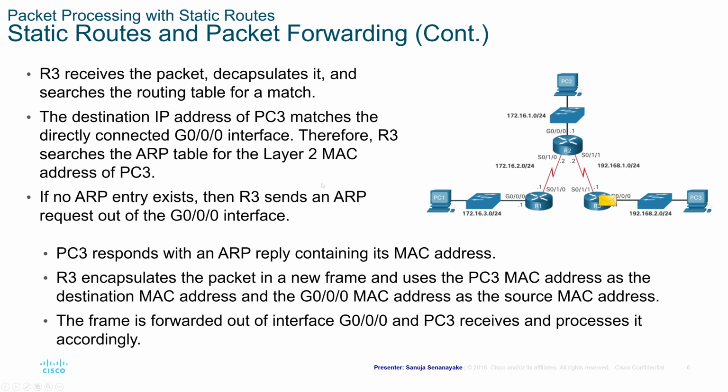So that is a simple path across a network with 3 routers connecting these two devices. PC1 and PC3 are connected through 3 routers. That is the process it has to go through.